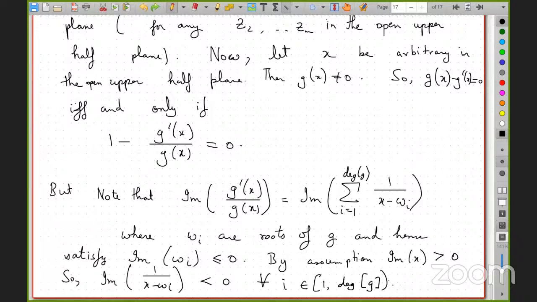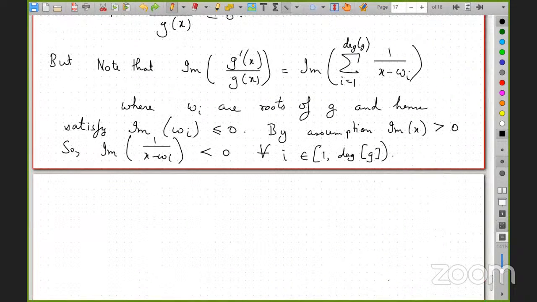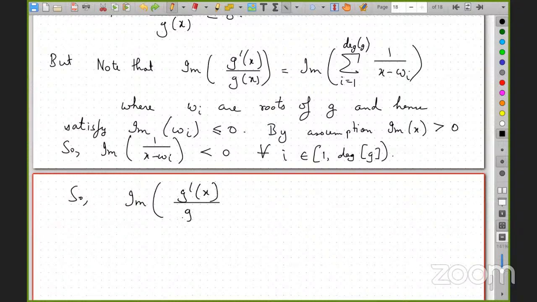That means the imaginary part of g'(x) over g(x) is strictly less than 0 for every x in the open upper half plane.